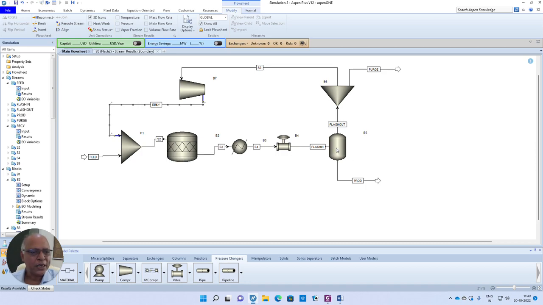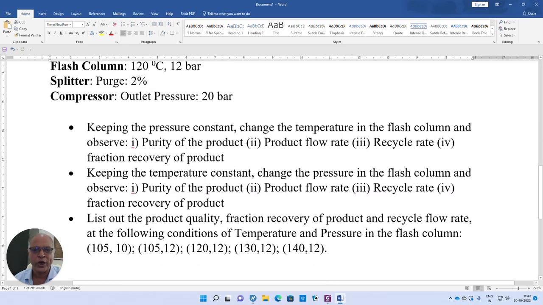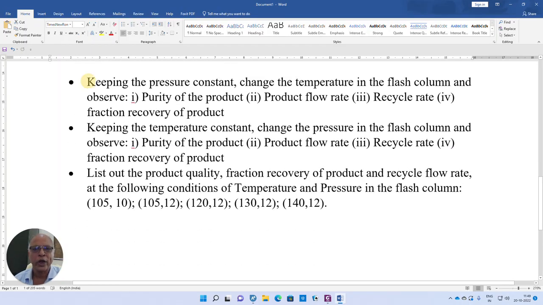Now, one major issue that we have, I think you can analyze, and also try to do other sensitivity studies if you are interested. But to give you an idea, look at the temperature and pressure at which the flash column must operate. Keeping the pressure constant, I vary the temperature and observe the purity, the product flow rate, the recycle rate, and the fraction recovery.